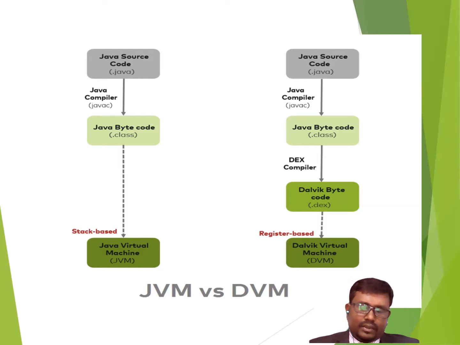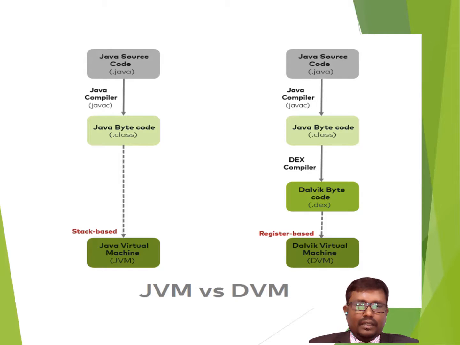So the class code, object code, is converted into DEX code, and then the DEX code is given to the virtual machine for compilation. Why are we converting into DEX code? To support XML, to support the database code, right? So with the combination of Java, we are converting everything into DEX code, and then the DEX code will be running. So the Dalvik virtual machine plays a vital role in executing the code.